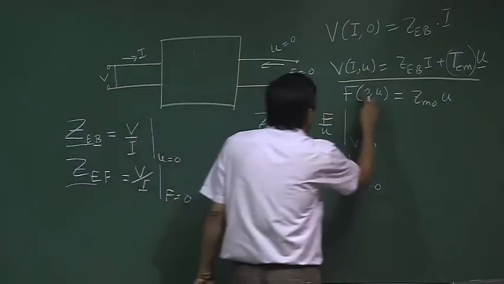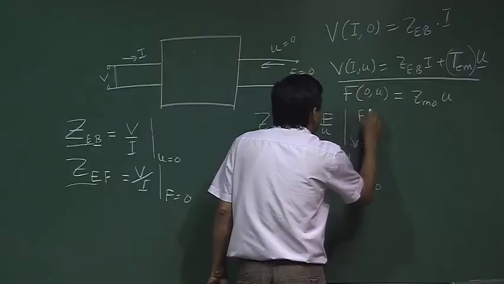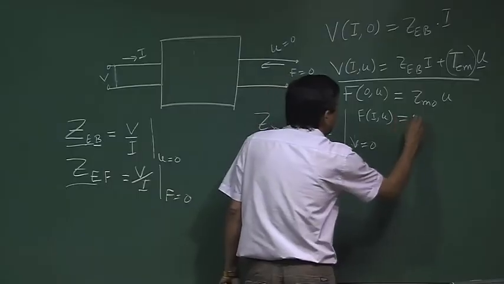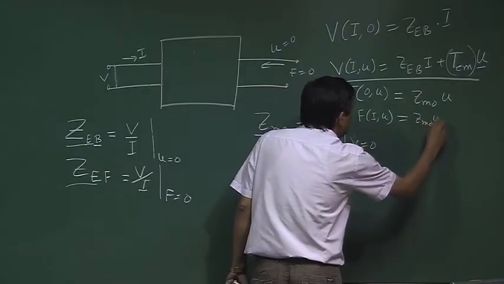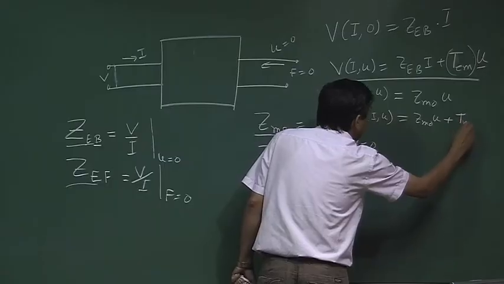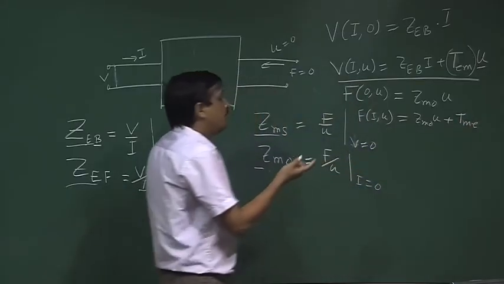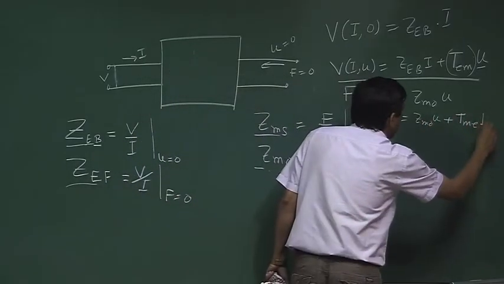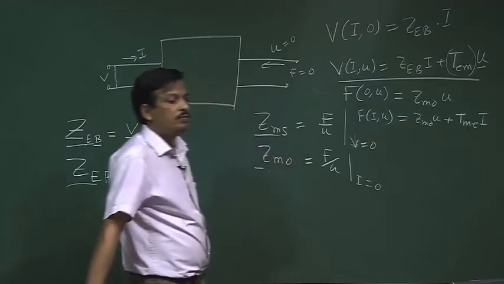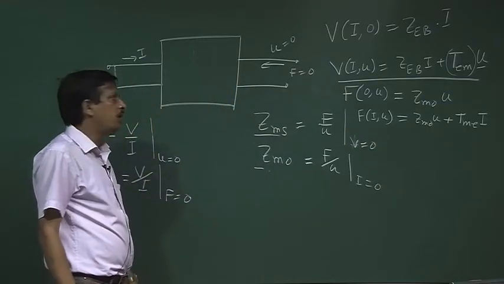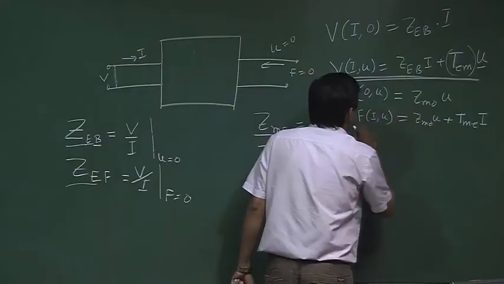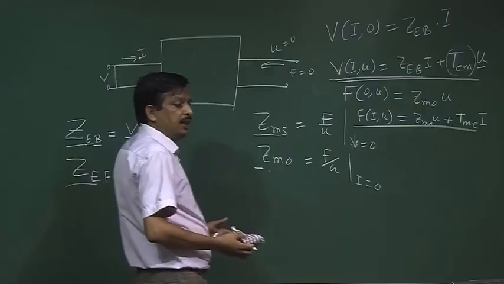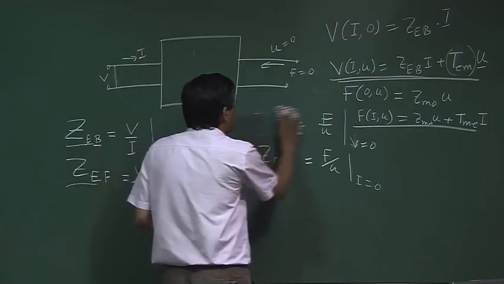Now, if I is not equal to 0, so F is a function of electrical current and mechanical velocity, then it is nothing but ZMO into U plus TME, mechanical to electrical coupling, into I. Okay, you understand? So I have a V equation and I have a force equation. TEM and TME are the transduction coefficients.